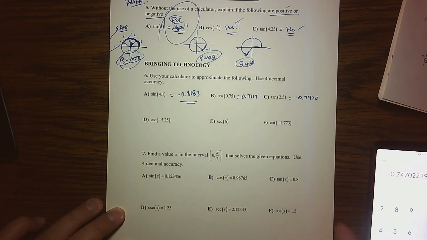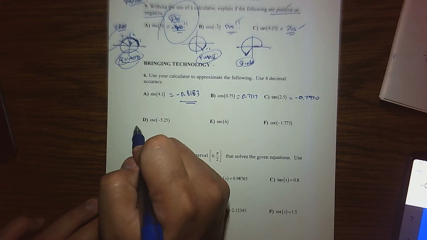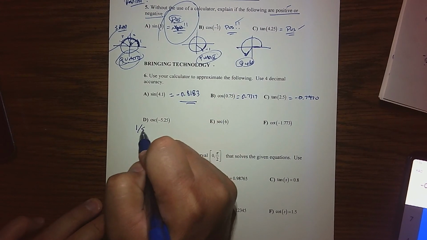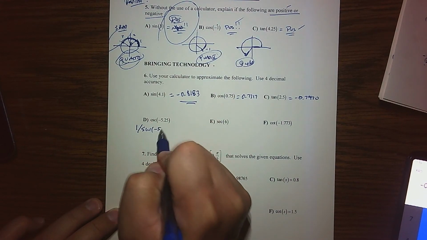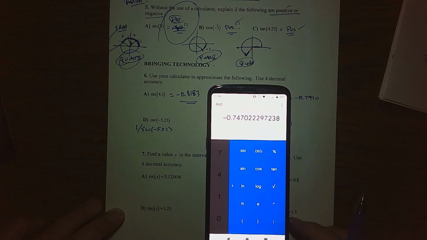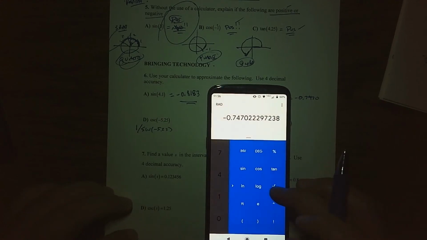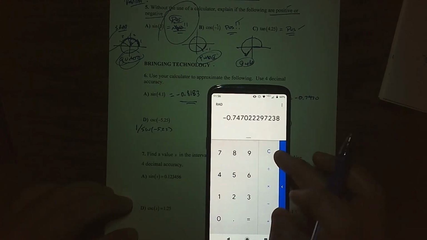Cosecant, again, you'll notice on the TI and on my calculators there's no cosecant, so we first have to say, well, this is actually 1 divided by the sine of negative 5.25. And so for me, what I would basically do to calculate this is say I'm in radian mode. Let me clear that.